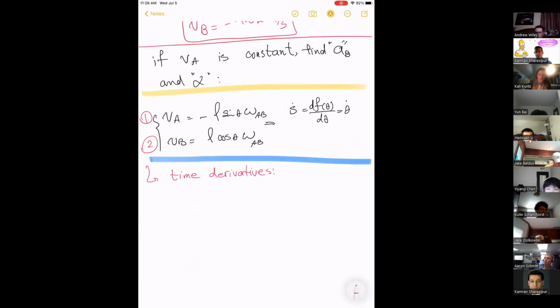We have done something similar to this in chapter 12. I'm going to give you 2 minutes to complete the time derivative of these two equations. You can do number one first, and then go for number 2.